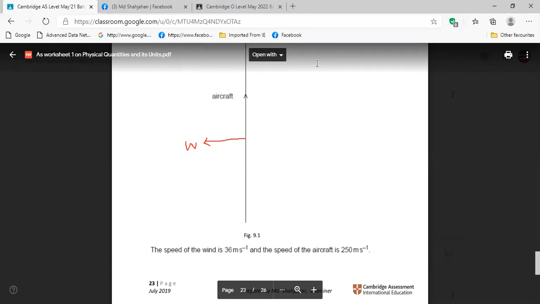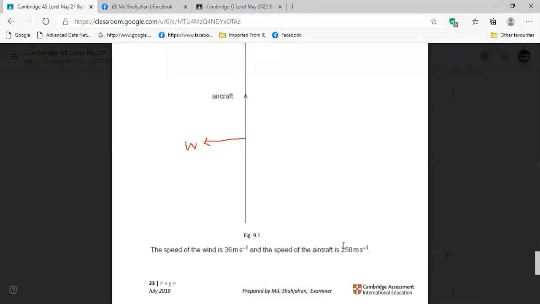We can do it easily: 250 divided by 36. Check how much is coming. 250 divided by 36 is 6.94.